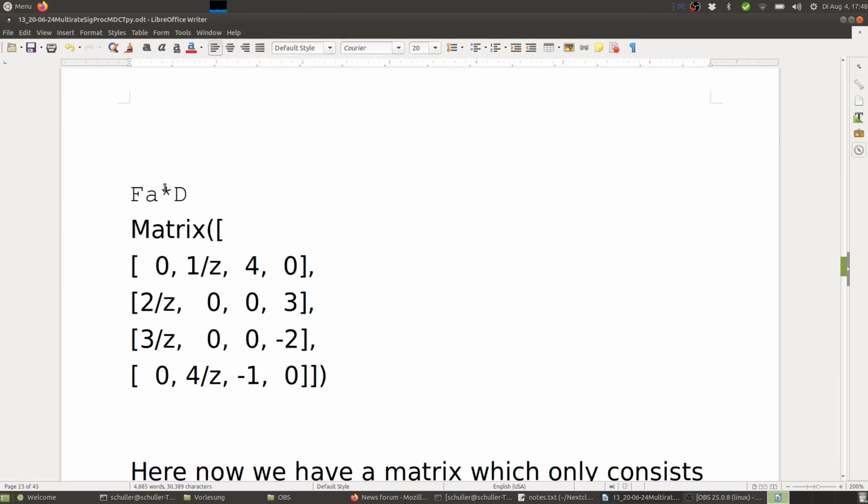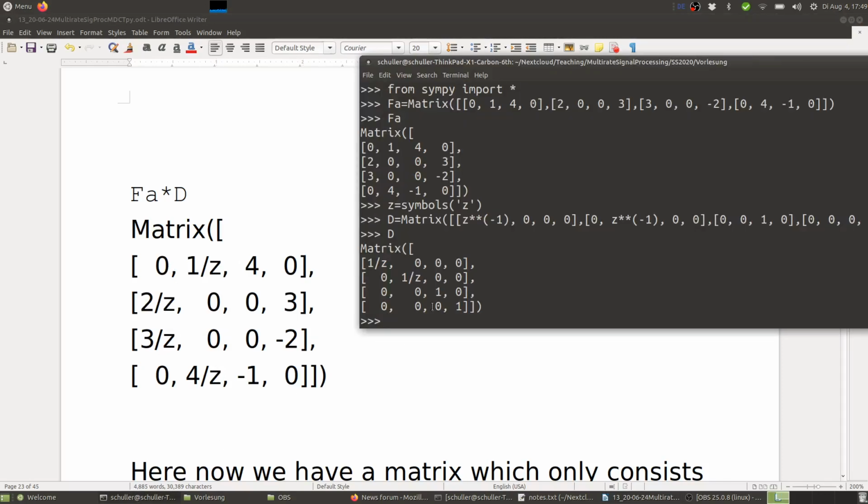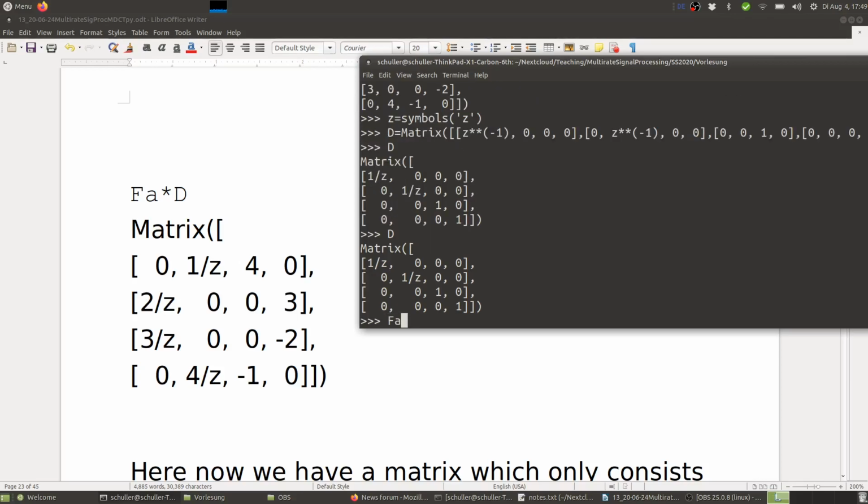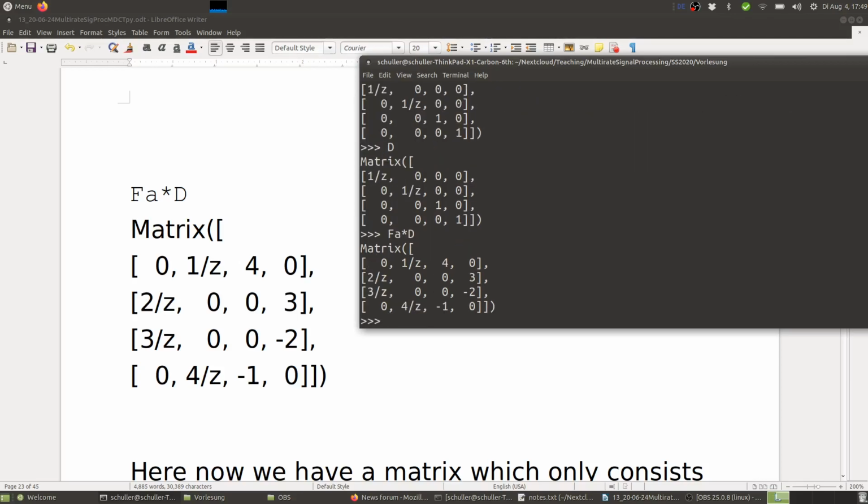And then when we multiply the two, the result matrix is multiplied by z to the minus 1 in the left hand part, or the left half of it. So we have FA times D. Compare that with FA. It's the same, except that the left half of this matrix is now multiplied with z to the minus 1.